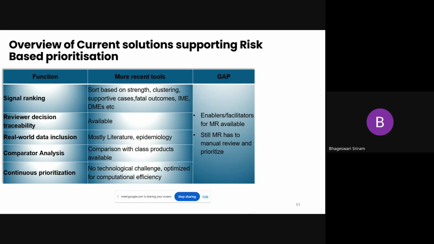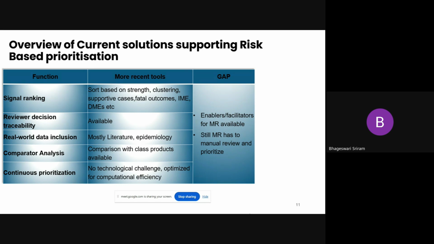So different clustering options are also available. And then they also have the provision to bucket the cases for us, using temporality, or dechallenge, rechallenge, and alternate etiology. And then it could be a simple trending based on the information available in the data sets, or any further insights they could also leverage from the narrative.